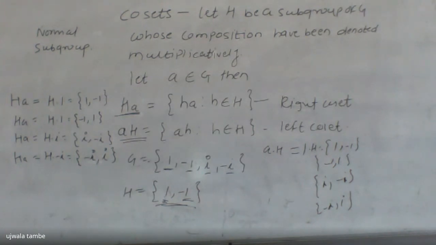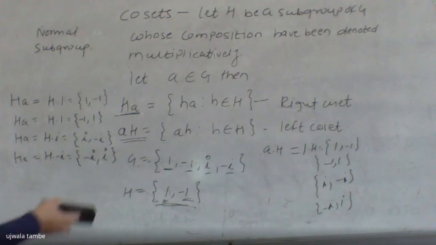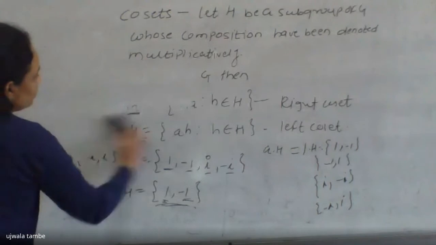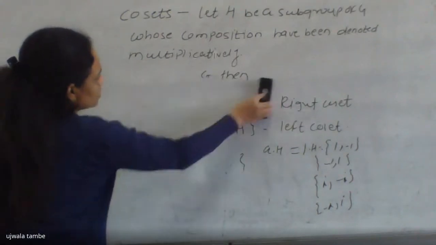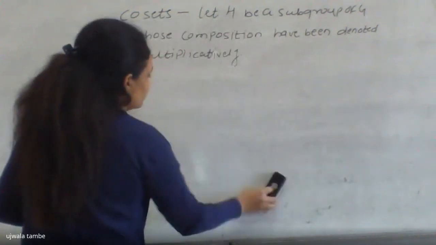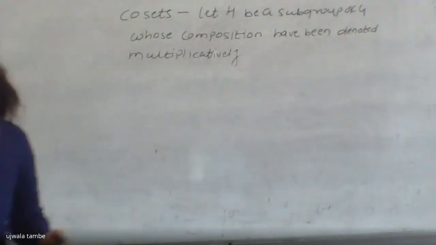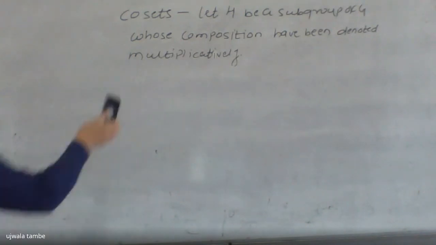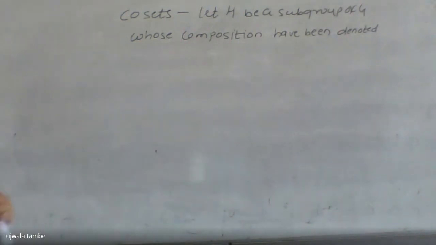Done. Okay. So this is multiplicative coset. Similarly, we can find out the additive coset as well. So first write down the definition. Let H be a subgroup of G whose composition has been denoted additively.